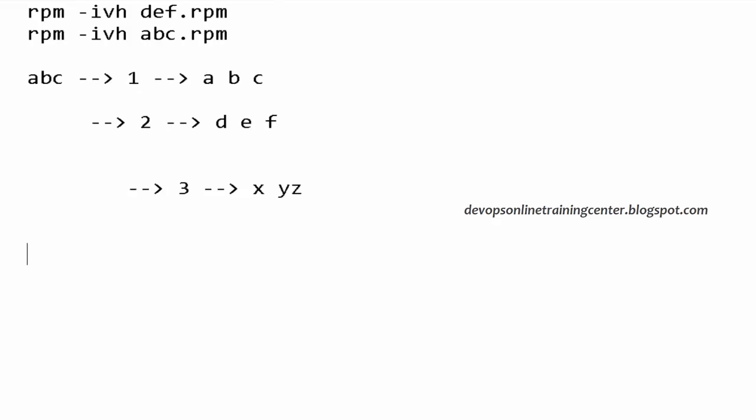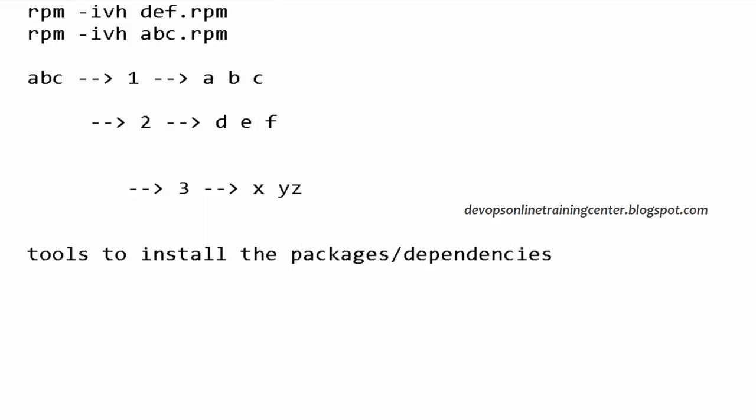So for that we have some commands, some tools which do it automatically, right? So tools to install the packages and take care of the dependencies. So basically we need to install the packages and their dependencies as well. To do that, we have several commands.